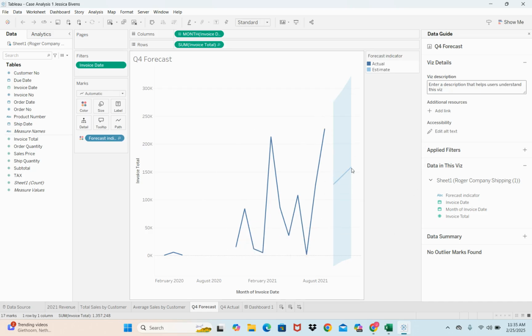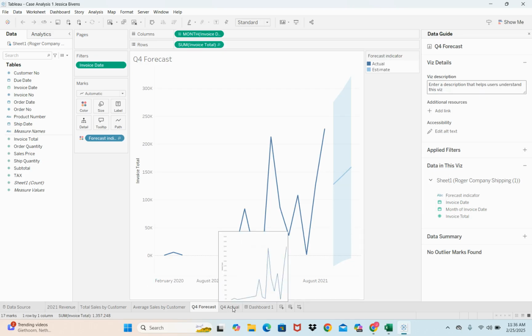Then in this blue box, we're going to have our estimates for the forecast for October, November, and December of 2021. We can see that October of 2021 forecasted sales are 128,030. November 2021 forecasted estimate of sales is 143,413, and then December 158,796.